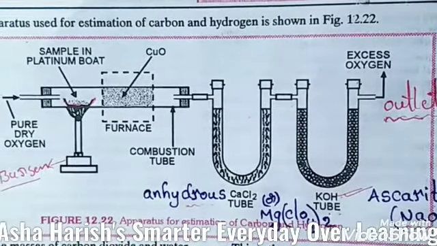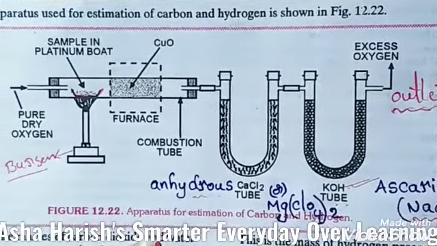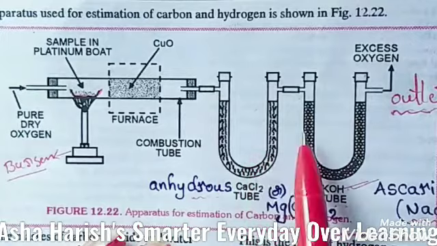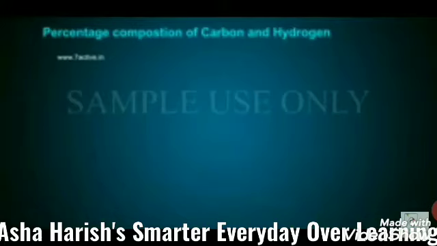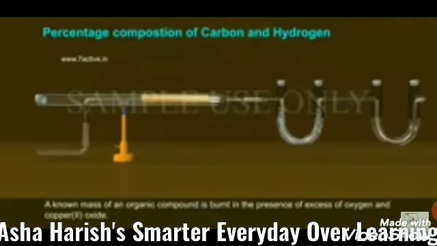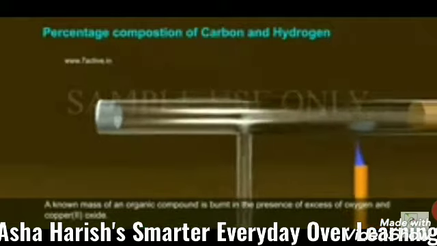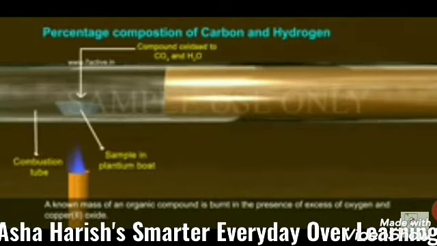Now let's see the animated part of this activity, how this complete apparatus works. In this quantitative analysis, the apparatus is used for estimation of carbon and hydrogen. Here you can see at the starting a tube-like structure, and here is the Bunsen burner.